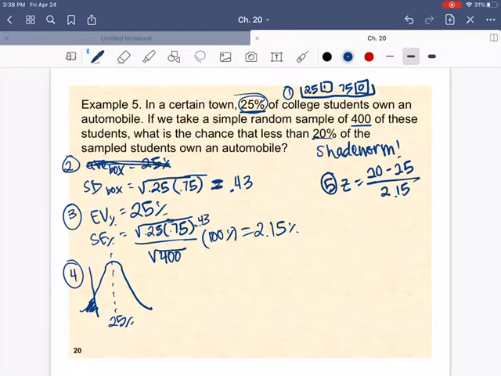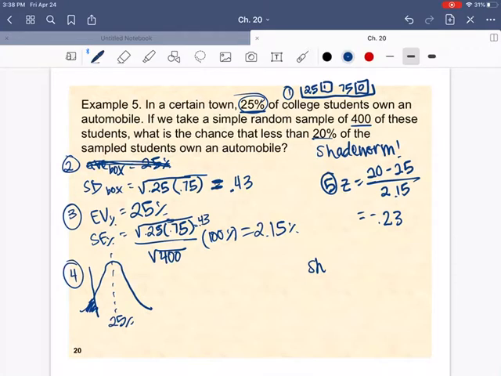And they're all percent, so you do not have to change them to decimal. Since they're all in the same unit, they can stay that way. Okay, that is a Z-score of negative 0.23.